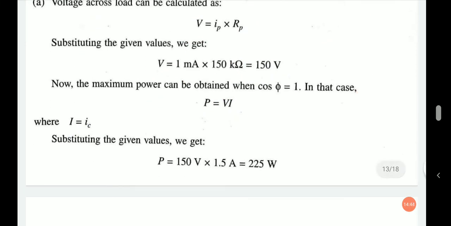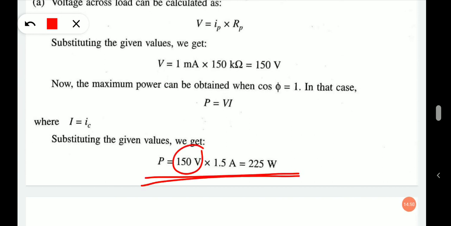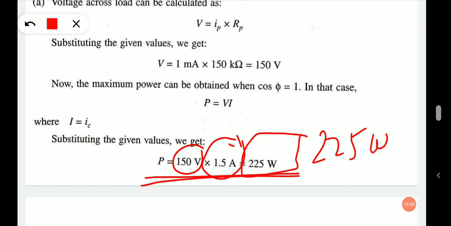So substituting these values, P equals V, 150 volt, and I, that is IC, 1.5 ampere, we get power as 225 watt.